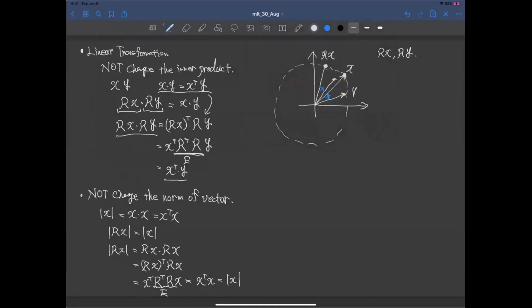Because it doesn't change the inner product. So the inner product can be written like norm X and norm Y and sine theta.